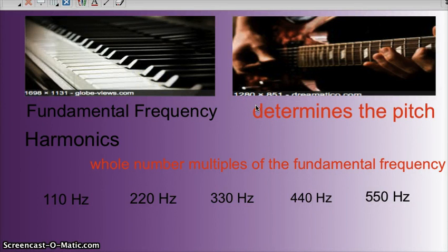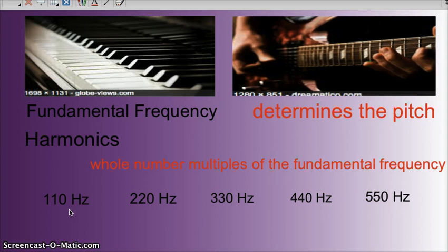The harmonics are a little bit harder to understand than fundamental frequency, but they have a lot to do with it. Harmonics are the whole number multiples of the fundamental frequency. For example, if you have the A played by one of these two, it might be at 110 hertz.